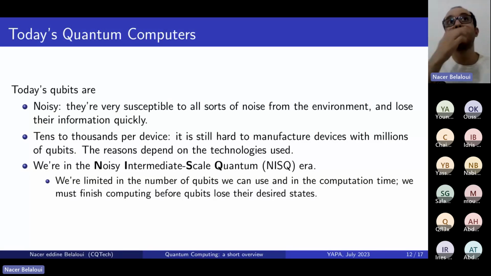There is another company called Quantinuum, which uses ions, so they don't need cryogenic temperatures, and they did simulate anyons quantumly using ions, so using atoms basically.